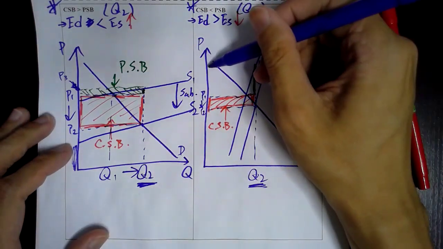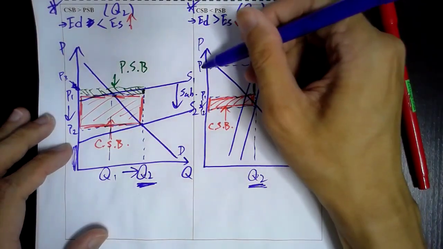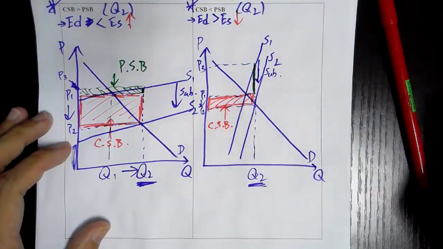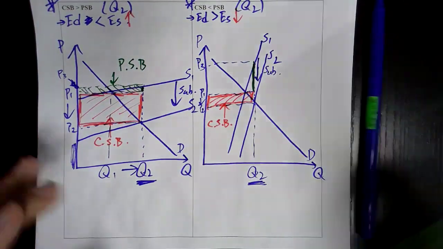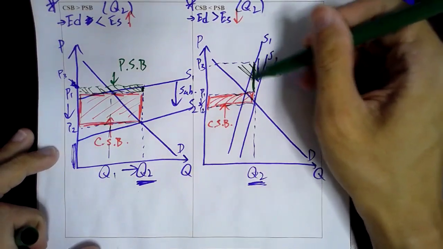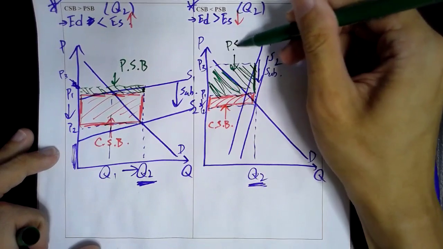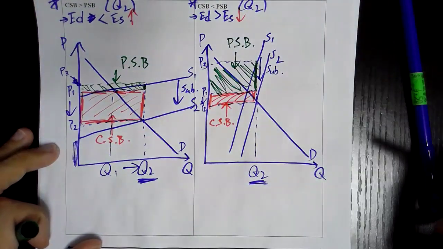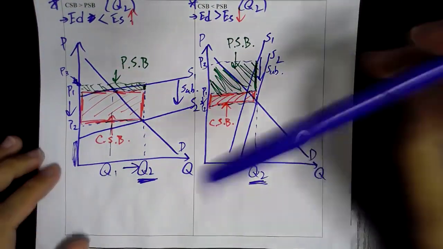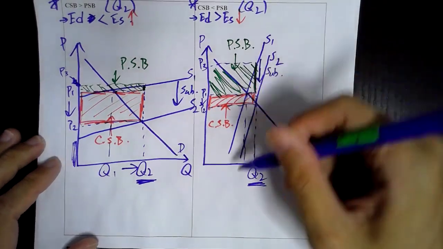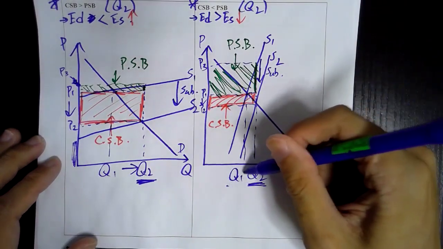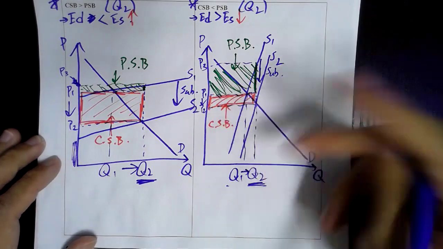So here, all the way up, we have a P3, for reference only. This green box will be what we call the producer subsidy benefit. Then we finish the graph by also stating Q1, so you see quantity increased a little bit, price decreased a little bit.